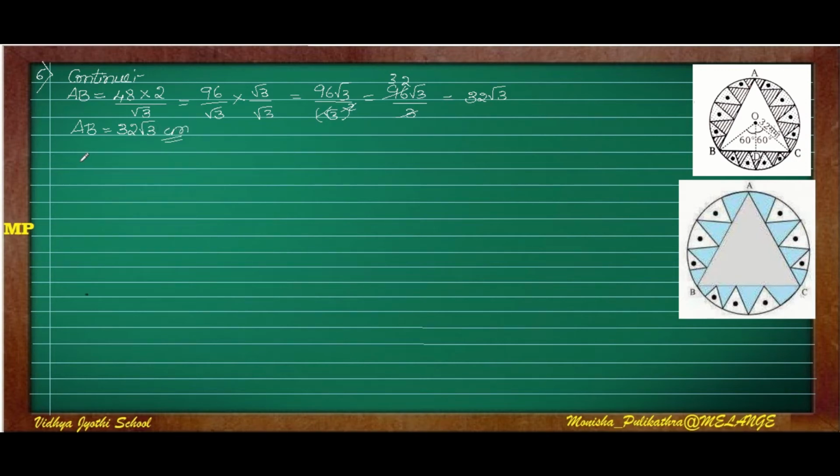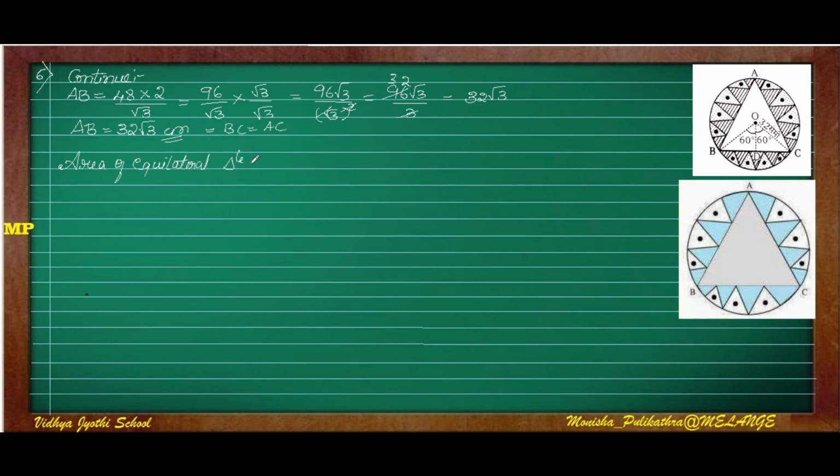So next we have to find out the area of the equilateral triangle. Since all sides are equal, AB is also equal to BC, which is also equal to AC.